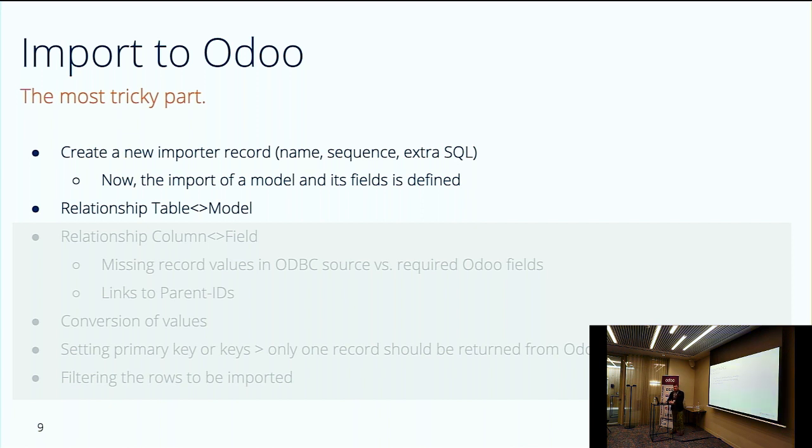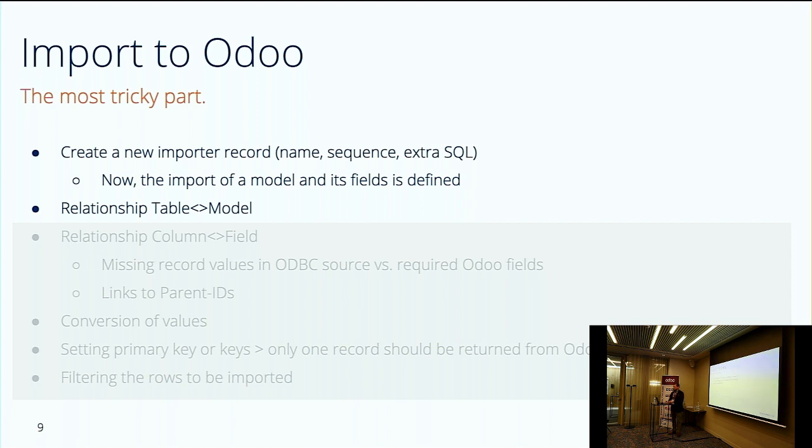First of all, you also create a new record for the import. You also set a name, and very important, you set the sequence. I told you before that when we have a parent-child relation between the objects in Odoo, maybe you also have dependencies, where a table from the source has to be imported before another.